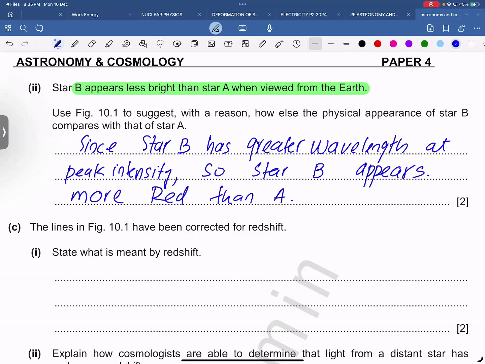So, Doppler shift: the more the change in wavelength, the more the redshift. So it appears red. Appearance, they ask you.